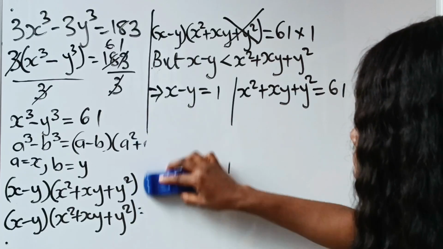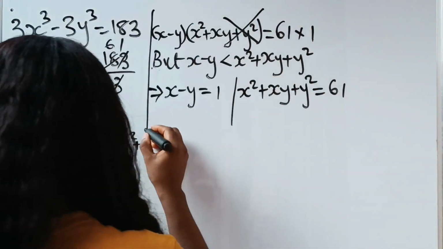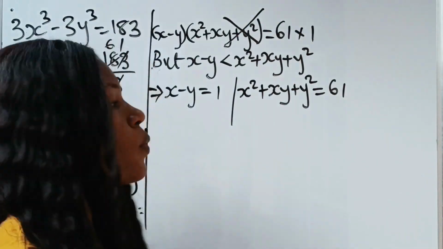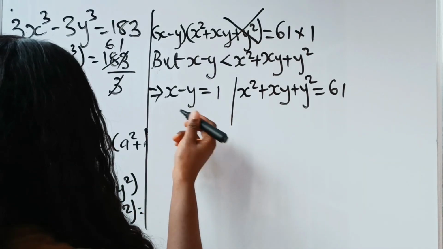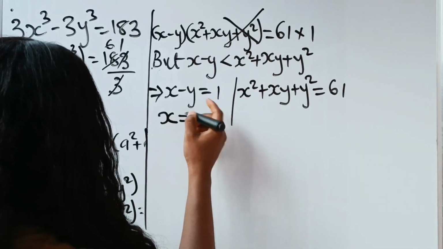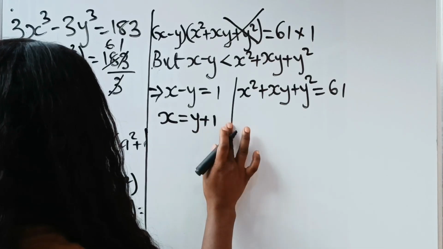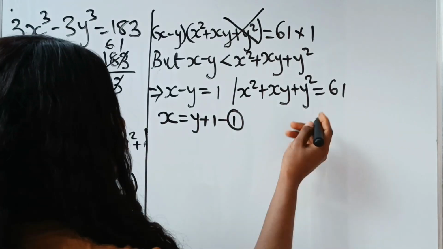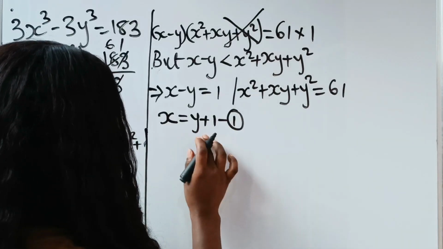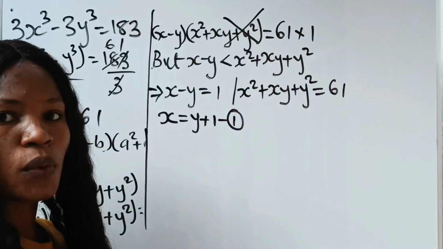Now permit me to clean this. All right, if that is what we have, that simply means that from this place we can see that x is equal to y plus 1. Now let's call this equation 1. We can substitute equation 1 into this particular equation.